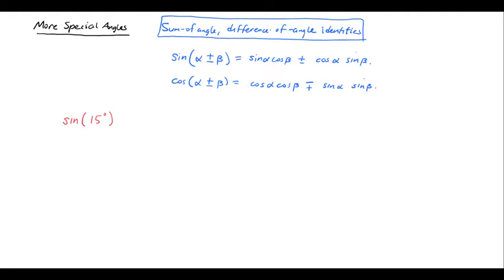All right, so we've never talked about sine of 15 degrees before, at least I don't think that we have, but I claim that it is possible to find the sine of this angle measure exactly. And the way that we're going to do this is we're going to take this angle measure, 15 degrees, and we're going to relate this to angle measures that we know better.